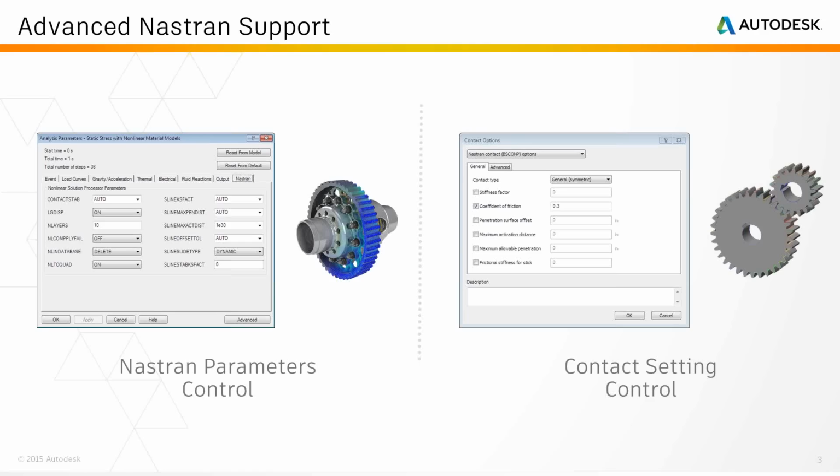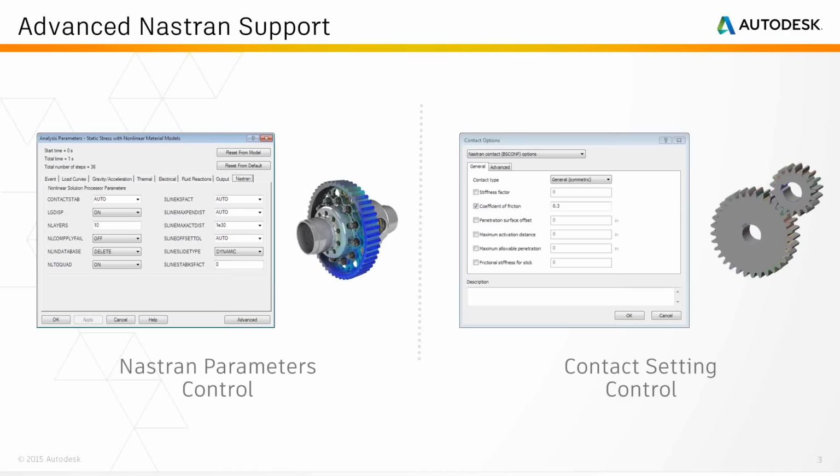Exactly. That first screen capture on the left shows the analysis parameters from a nonlinear analysis, and the one on the right is around contact controls. If you look at the picture on the right, you will now see that within the Simulation Mechanical user interface, we have a unified dialog that controls the Simulation Mechanical contact settings as well as the Nastran contact settings.